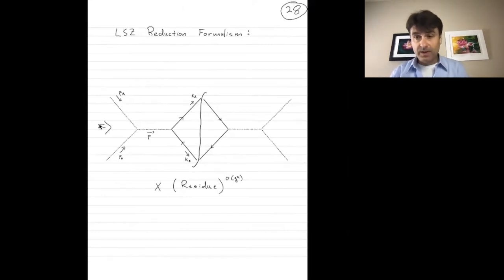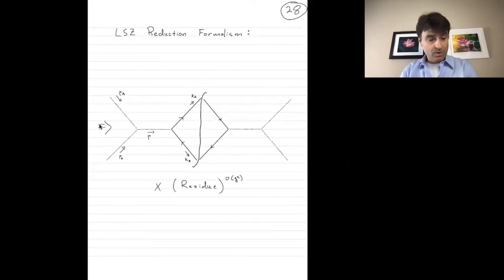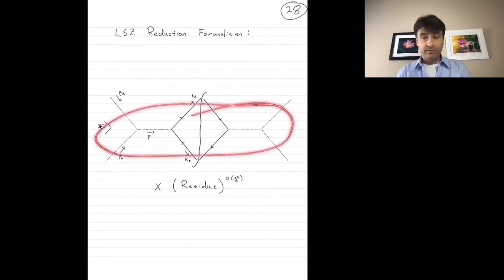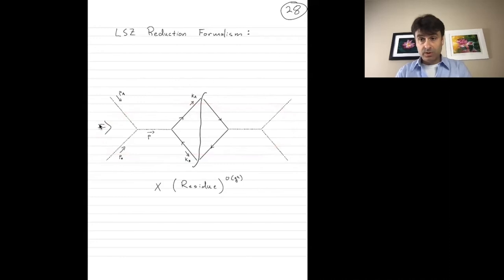But remember from the LSZ reduction formalism, what I can basically do is look at the lowest non-vanishing calculation. And the LSZ formalism tells me to truncate the external legs. So what the LSZ reduction formalism tells me to do is calculate this graph. This is the lowest order non-vanishing graph.